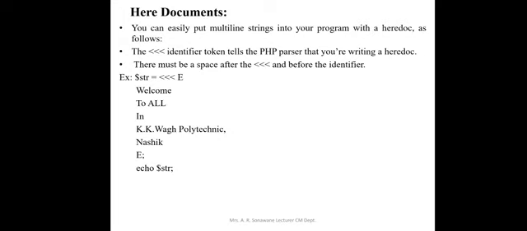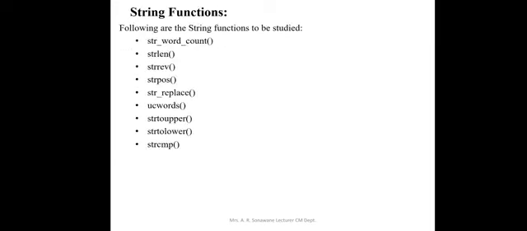Actually, we wish to display a multi-line string as welcome to all in KK Polytechnic Nasik. Up to Nasik our string will be there, and E is the valid end of the string, followed by a semicolon. So when you display echo $str, it will consider the string as welcome to all in KK Polytechnic, Nasik.